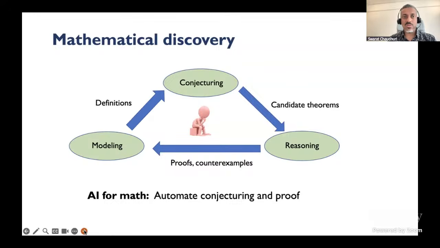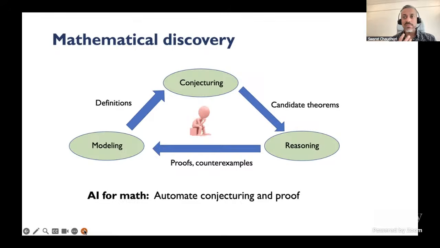Let us start with the problem of mathematical discovery. This is, of course, one of the grandest challenges known to humanity. Now, what does the process of mathematical discovery look like?